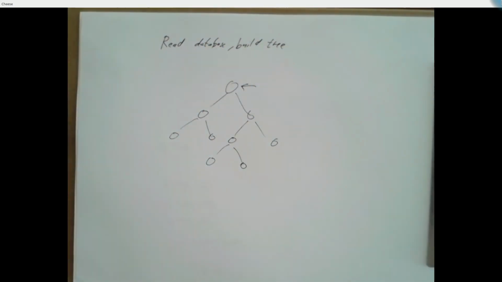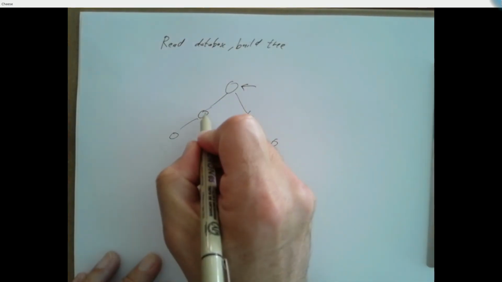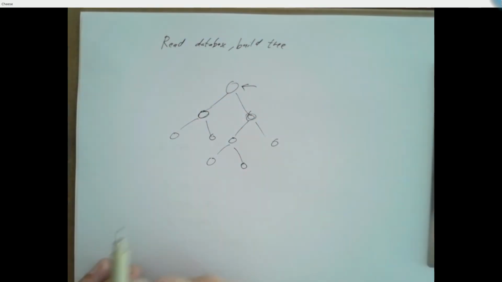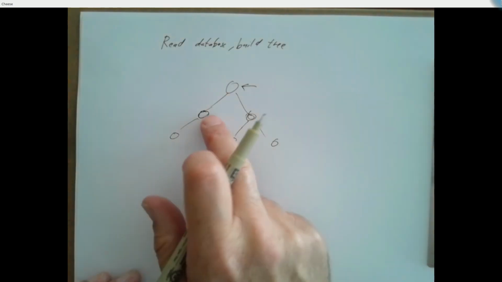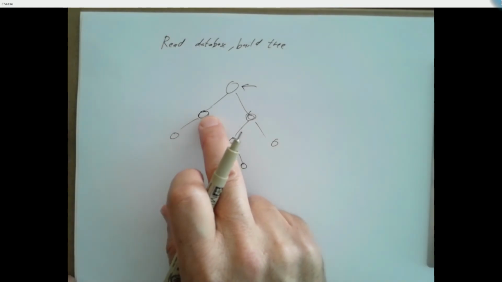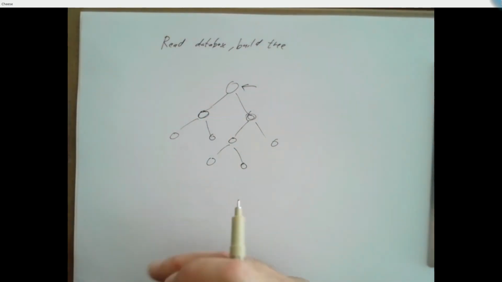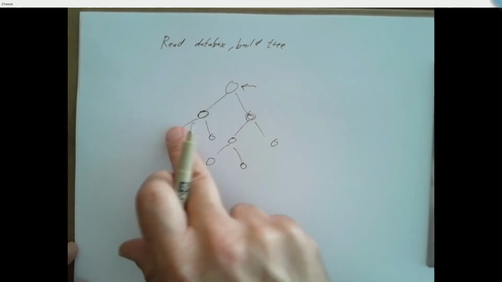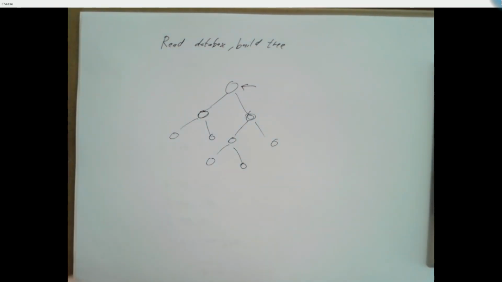If it's an answer, the game is over. Tell the person what the answer was and carry on from there. If it's a question, ask the question, get a yes/no response, and then move your attention down to either the left subtree or the right subtree. Go back to the top of your loop and do it exactly again. If it's an answer, print out the answer and you're done. If it's a question, print the question, get a yes/no, move to the left or the right, and keep going.